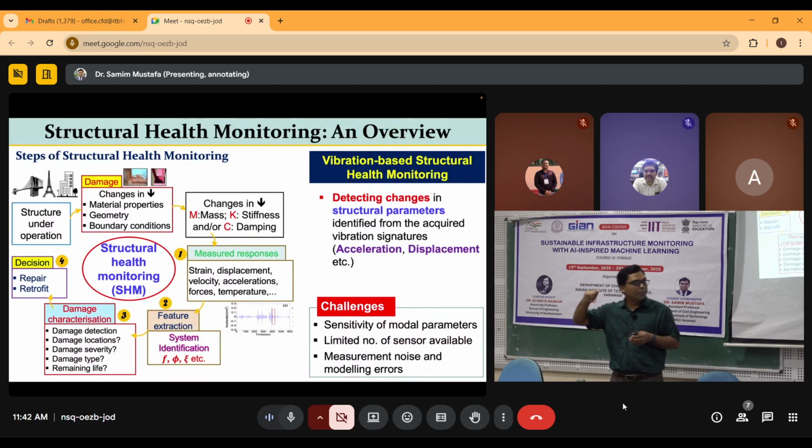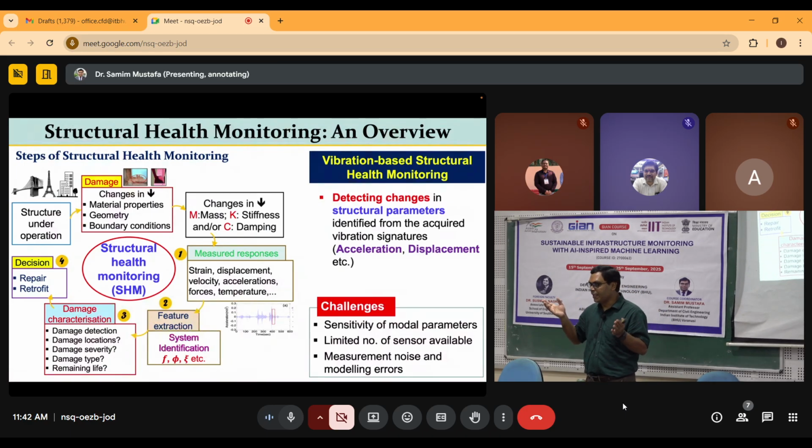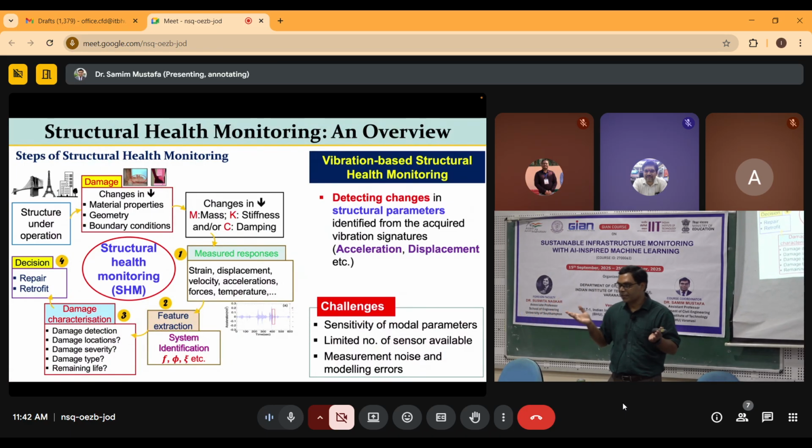Okay, so suppose there is damage in one member of the entire structure, so that is a local damage, and because of that damage, whether there is a change in the modal parameters of global modes I am talking about, because you are placing sensors at relatively few points. Okay, you have a limited budget, you can purchase probably only 6, 7 or 10 sensors maximum, not more than that, and you have a huge structure.